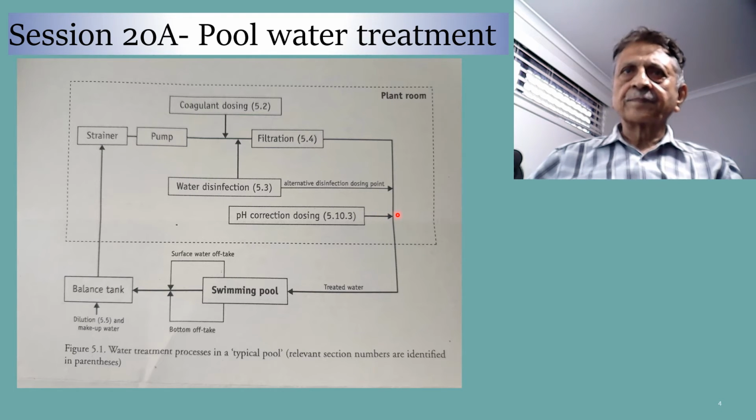The treated water goes back to the swimming pool and it's filtered back into the balance tank. The top-up water for any water loss from the swimming pool is topped up into the balance tank. The balance tank acts somewhat like a buffer.